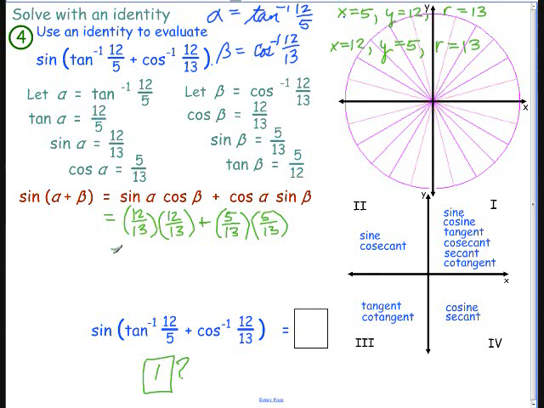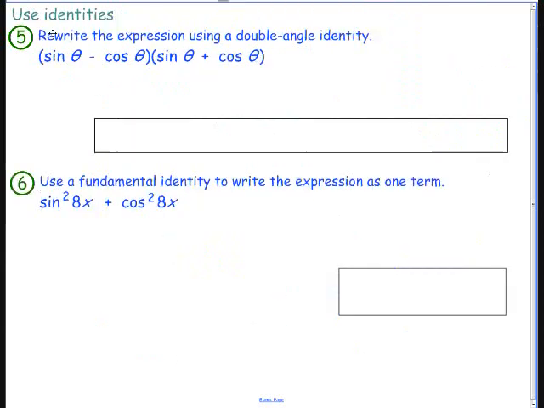So we end up with 144 over 169 plus 25 over 169, which is 169 over 169, which is equal to what we knew it had to be equal to, 1. How do you like that? And then we'll just confirm here. Beautiful. What a nice little example.